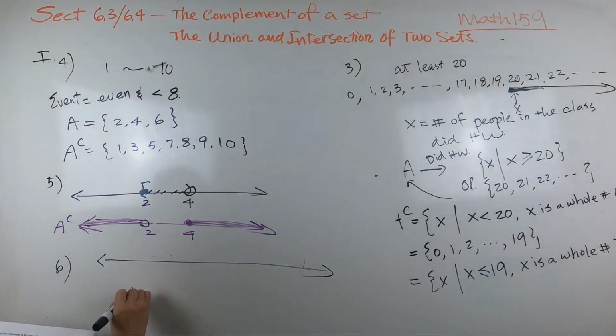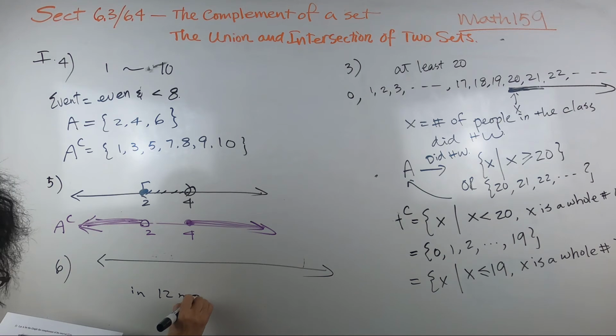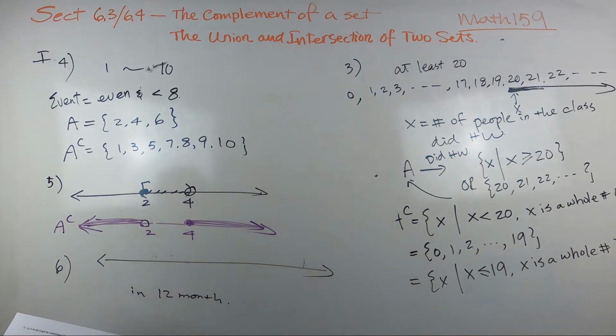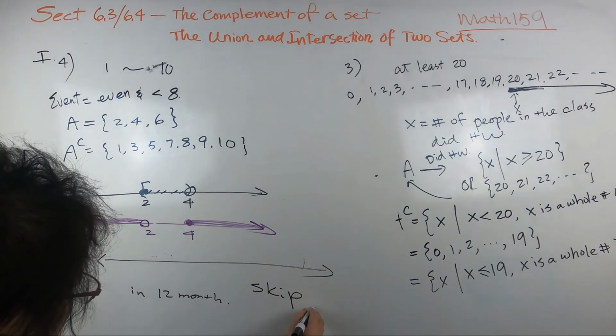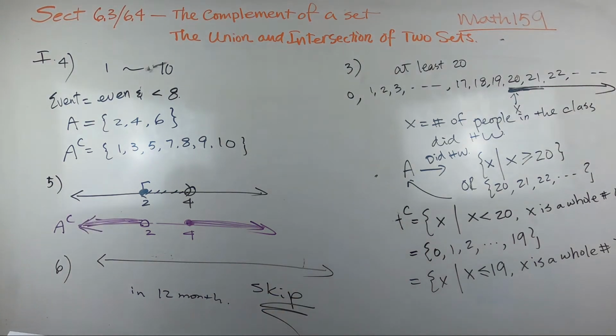Find the complement. Oh, it's so confusing. Let's skip this. I cannot even follow the question. I copied it from the book, so let's skip this. And when you do the homework and the test, it will be obvious. All right.